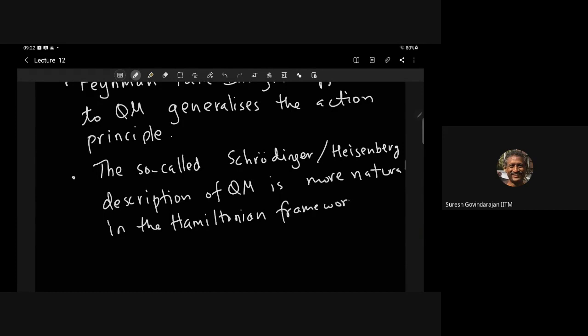Don't worry if you don't understand any of these things. It's more like general knowledge which you keep in mind. Okay, that's all.